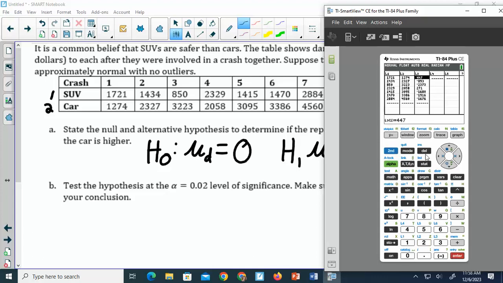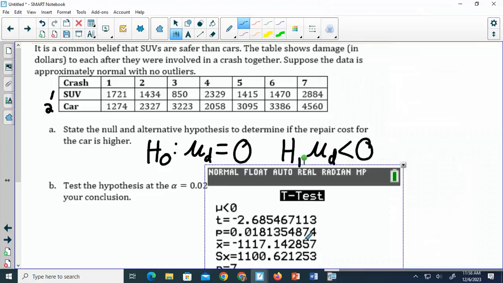Okay. So then when we went to our stat test number 2, we're basing this one off data. The mean of the null is 0. The list should be L3, that difference. We are testing less than. So then we get our T and our P. So what's our conclusion?